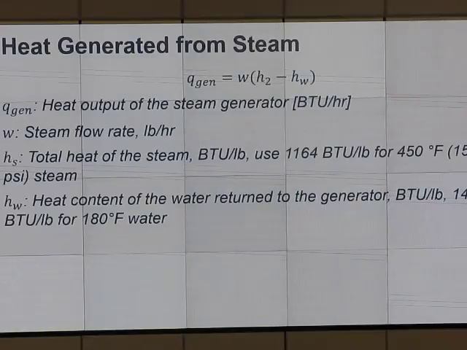What's the advantage? I feel like heating steam to 450 degrees is going to take a lot of energy. Why would you not just use the heater treater? The heater treater is the direct method.